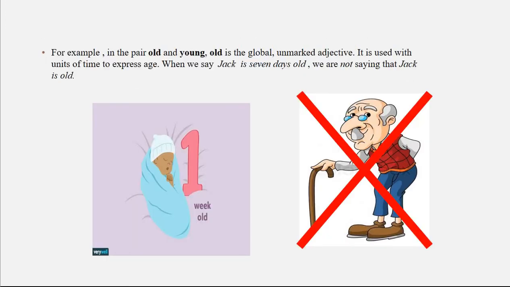For example, in the pair old and young, old is the global, unmarked adjective. It is used with units of time to express age. When we say Jack is 7 days old, we are not saying that Jack is actually old. We just mean the exact time period he has lived until now. Okay?